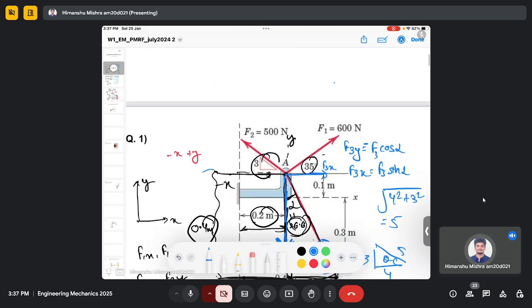And this should be a negative quantity because f3y is actually pointing in the minus y axis. So my f3y will be minus 800 cos 26.6. So f3y will be minus 715.32 Newton, and f3x is 800 sine 26.6.